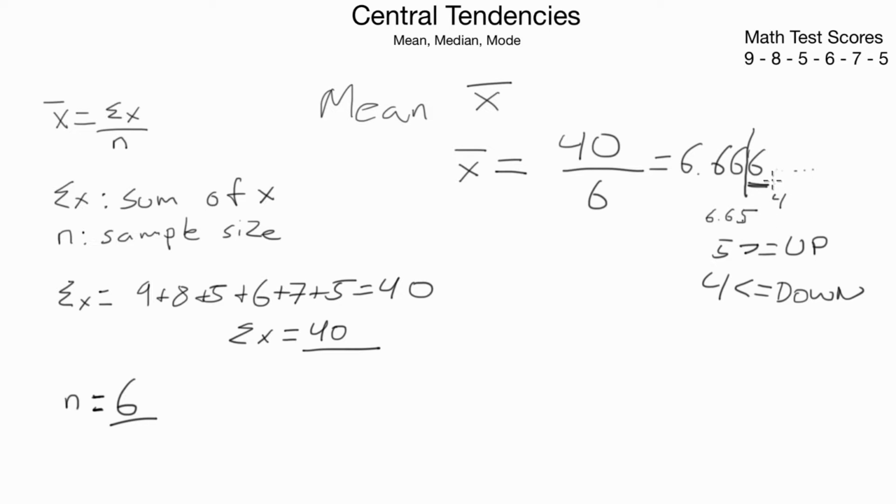In our case, however, it's 6, so we round up. So our mean equals 6.67.